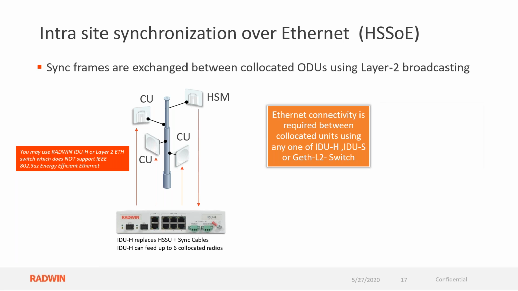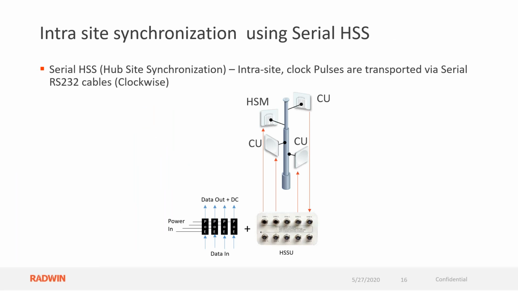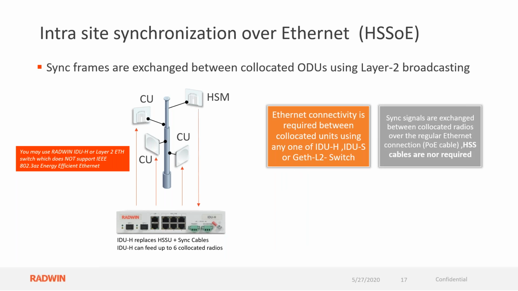The RS-232 cable, which we used here, is not required here, and this is saving cost and saving effort to implement synchronization, which basically needs to be easy to do and implement.